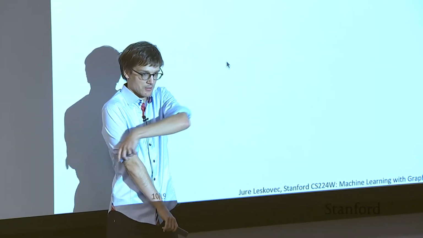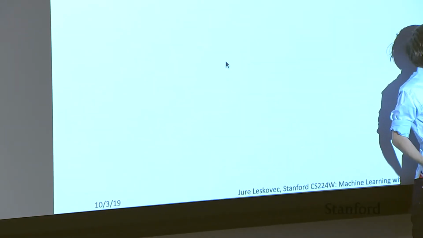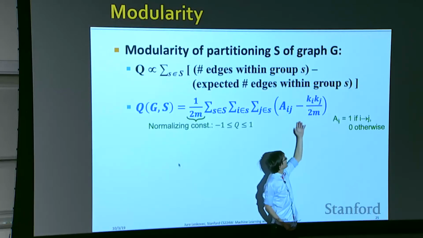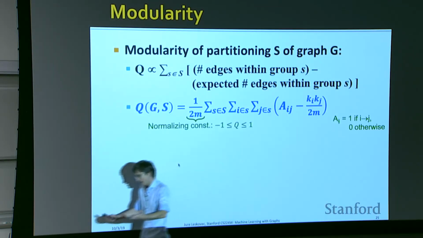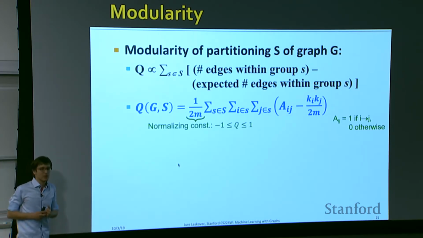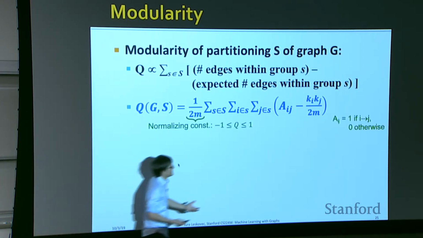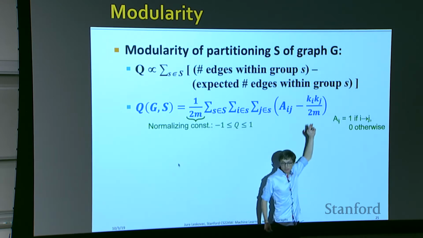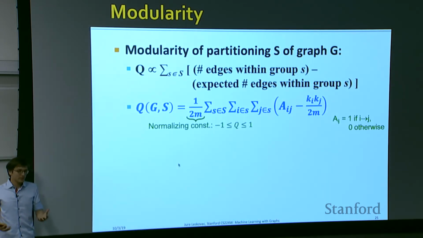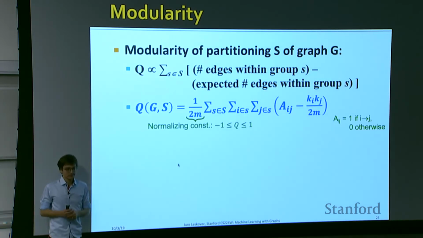You can come up with some way to say how likely an edge is to be there. The idea is that modularity defines the number of edges you see minus the number of edges you would expect under some model. If your model is simple enough, you can derive it. If it's not simple enough, you could simulate it. Nobody does that, but you could.